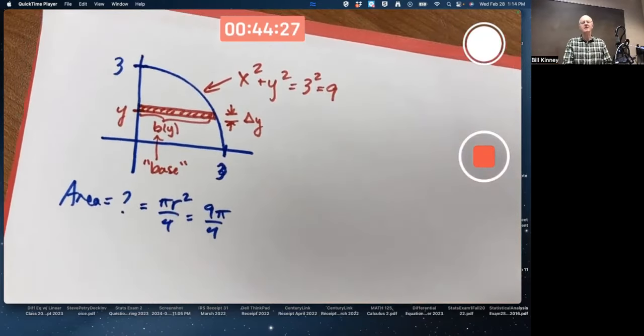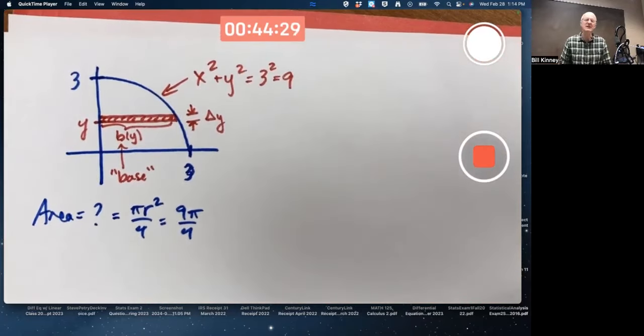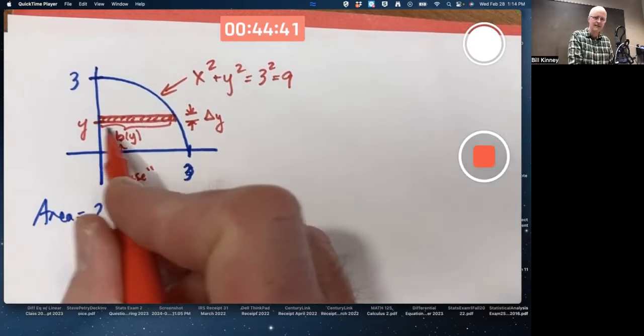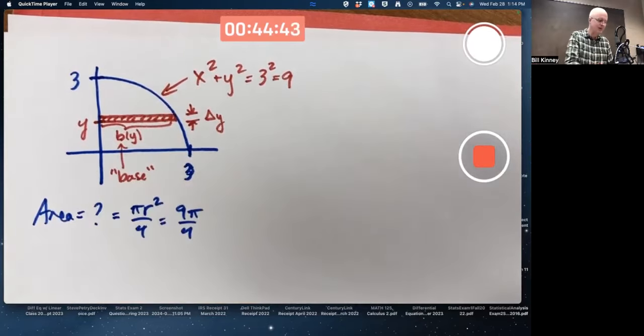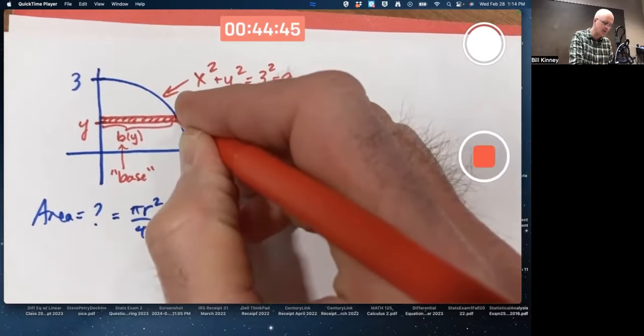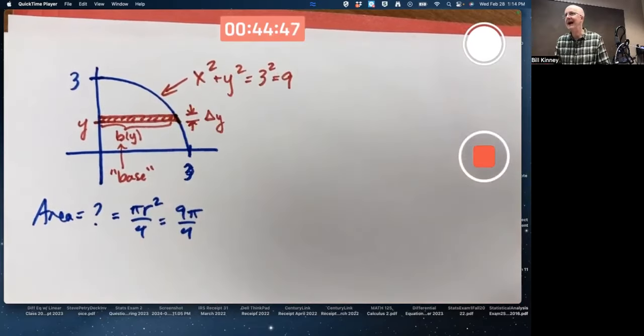Then you look at this picture for a while and squint your eyes and say, you know, that thin slice kind of looks like a rectangle. It's not a rectangle, right? The bottom and top and left sides are straight, but the right side is a curve. So it's not literally a rectangle, but let's pretend.